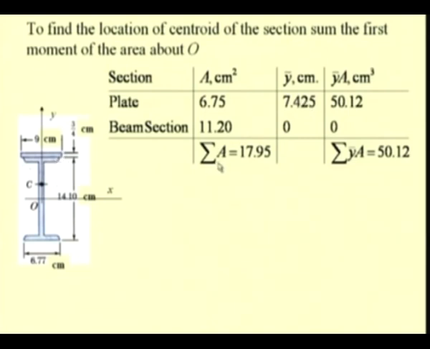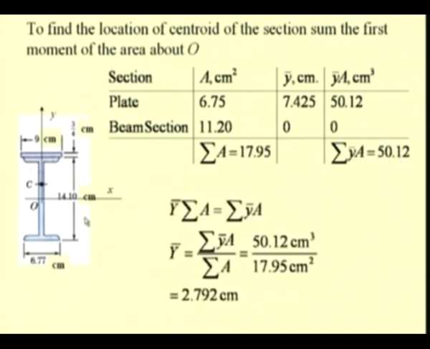So, we have the summation of this area as 17.95 and sigma y bar A as 50.12. So, from this we can determine the centroidal location of this composite section with respect to this axis OX, which is y bar sigma A equal to sigma y bar A, or the location of the centroid of component areas. So, from this we determine the location as 2.792 centimeters.